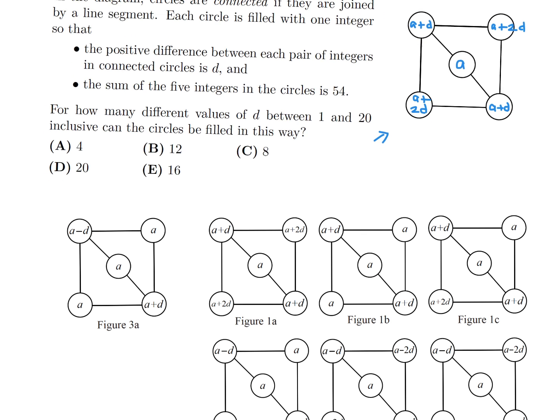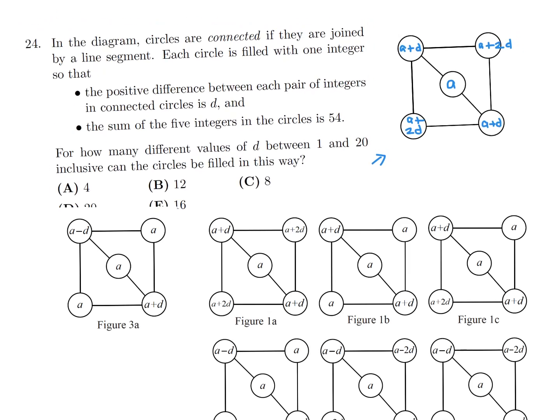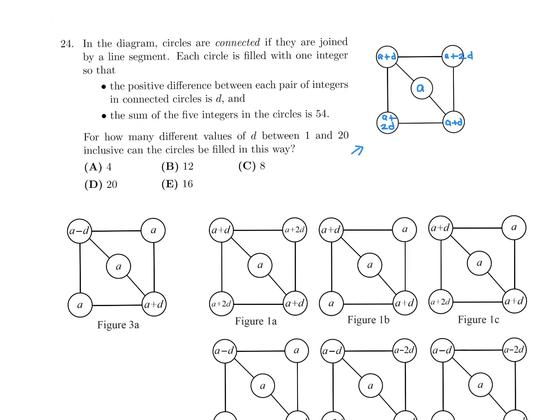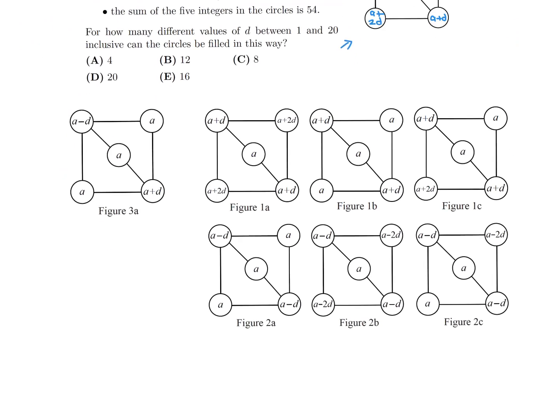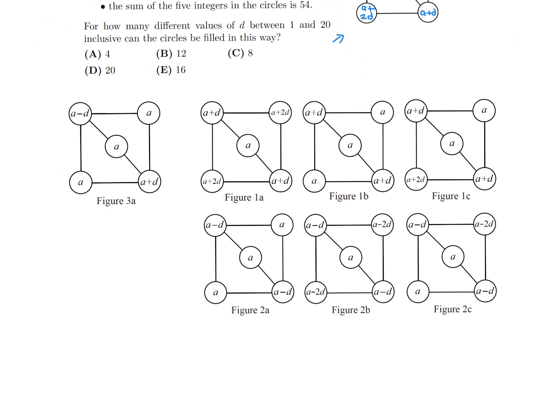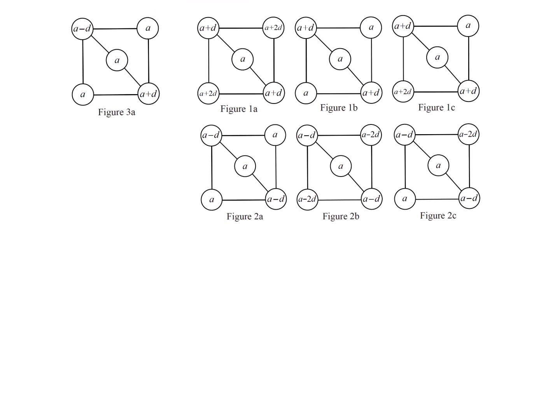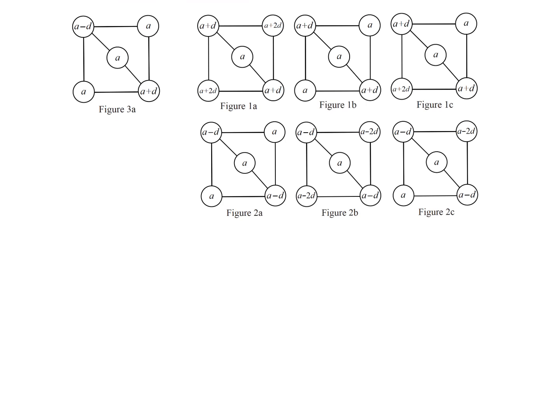So I will move this up, and let's talk about each of these. As you can see, there looks to me like 7 ways of arranging the numbers so that the validity holds.